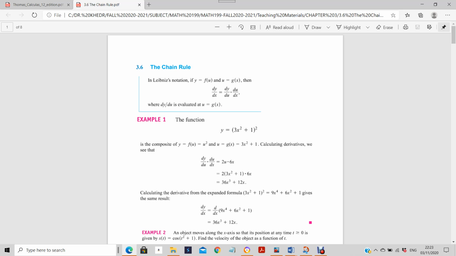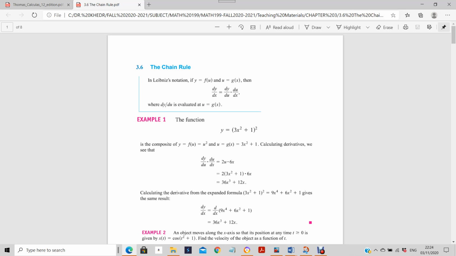As an example, let's find the derivative of the function y equals 3x squared plus 1 in a bracket, and this bracket is squared. Here we have y, a composite function.